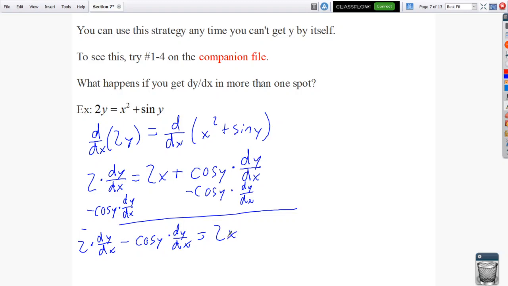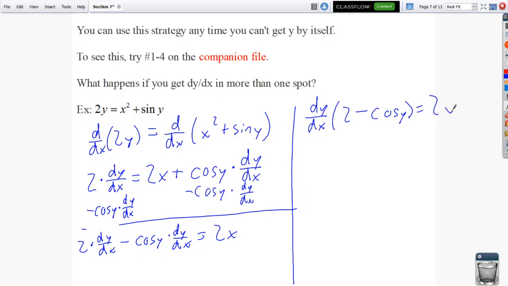And sometimes you'll have to move more than just one term. Basically, we just want dy dx on one side, non-dy dx on the other side. Because now, on the left-hand side, I can factor out dy dx. So I've got dy dx times the quantity of 2 minus cosine of y is equal to 2x.